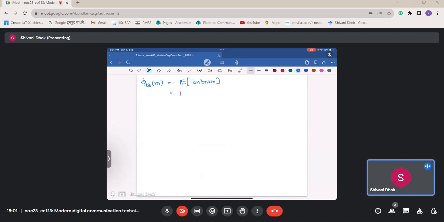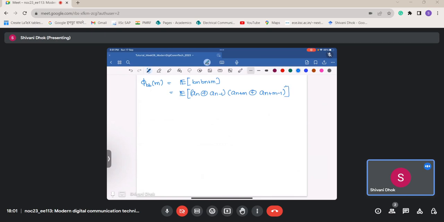This I can write as expectation of an XORed with an minus 1 multiplied by an plus m XORed with an plus m minus 1.